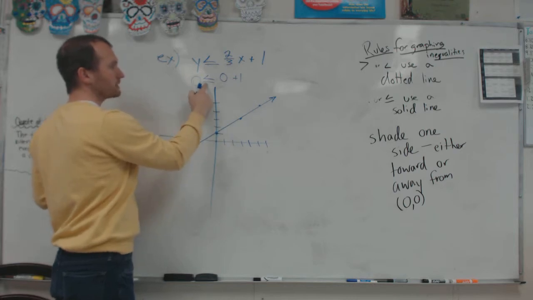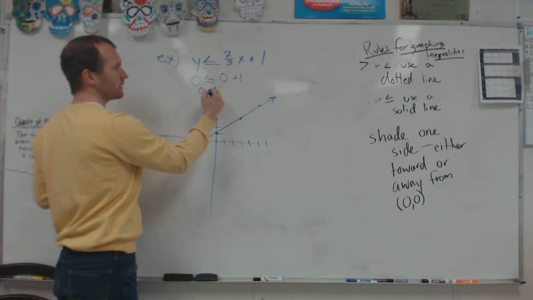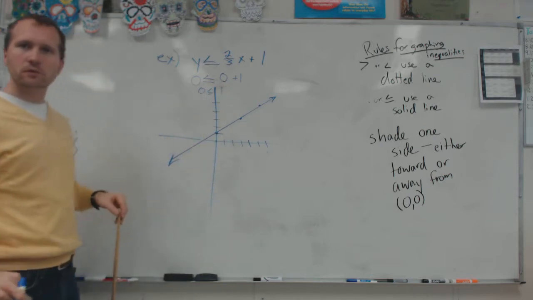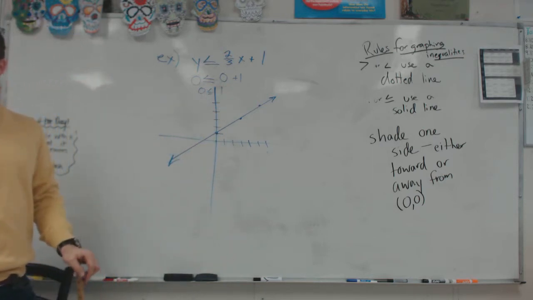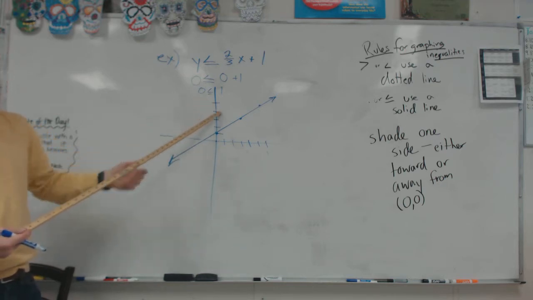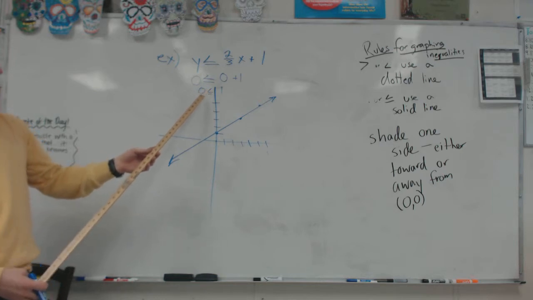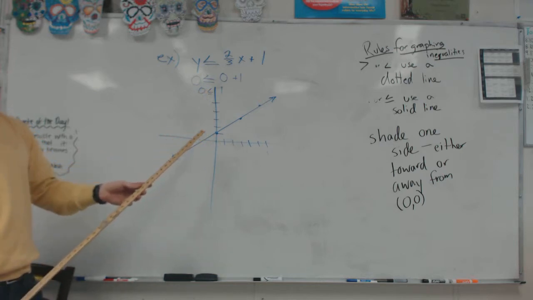Is 0 less than or equal to 1? Is that true? 0 is less than 1, right? So we shade towards 0, 0 because this is true. So we shade towards that point.